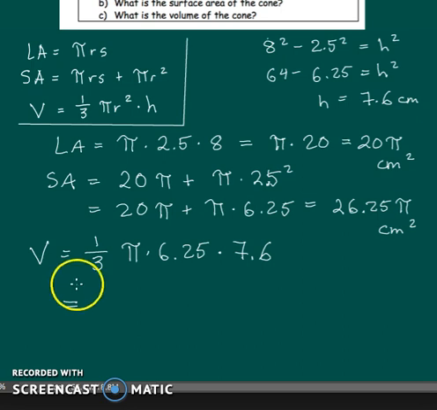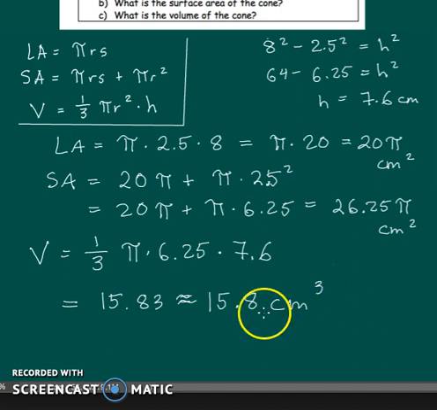And if you solve that out, you will come to 15.83, or you can round that to 15.8, and this time we're talking about centimeters cubed.